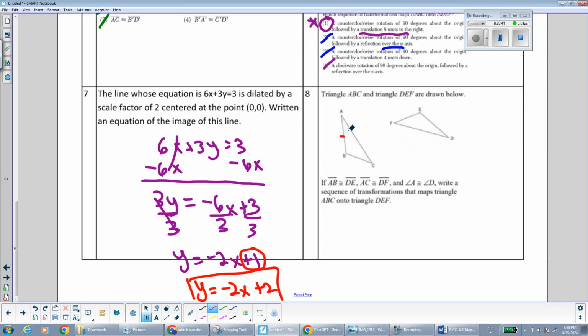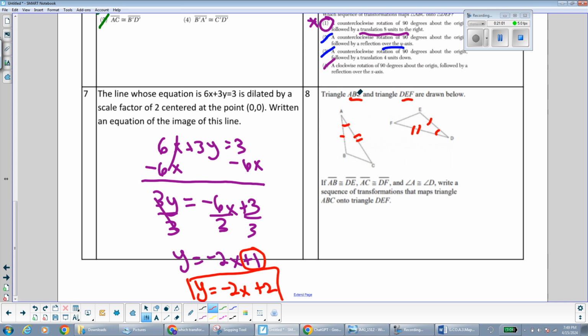Let me be marking this. And angle A is congruent to angle D, so angle A and angle D are going to have to match up to each other. So also the letters tell us what the orientation needs to be, because A needs to match up to D, as we already know from the givens.